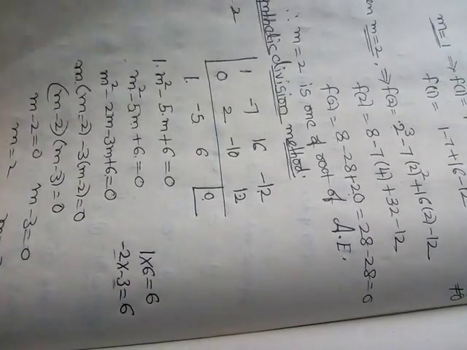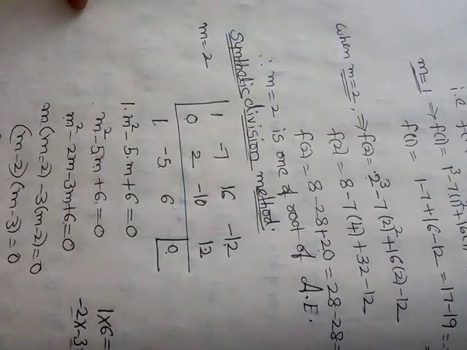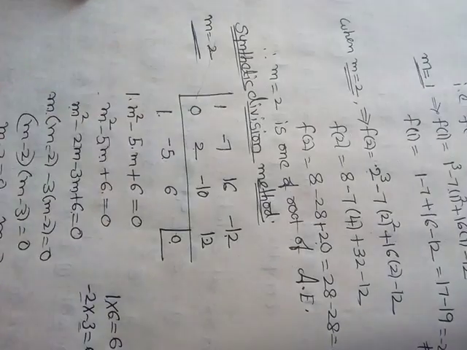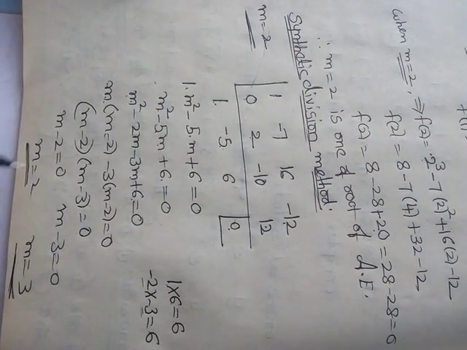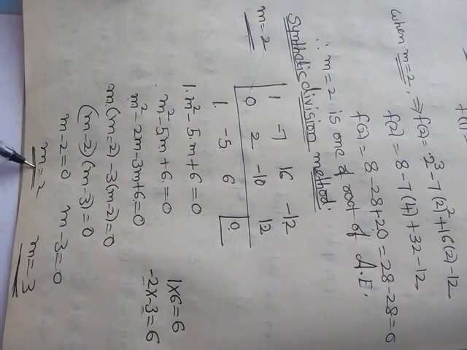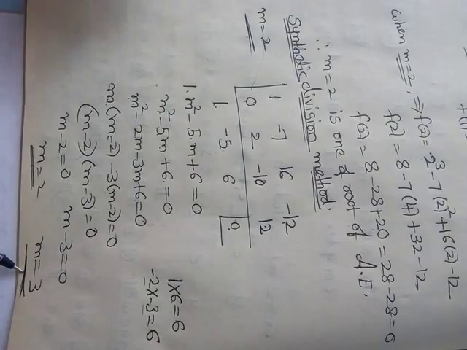So now we can observe that the first root is m equal to 2, m equal to 2, m equal to 3. These two roots are equal and real numbers. This is different and a real number.